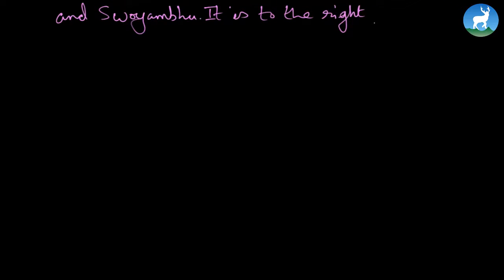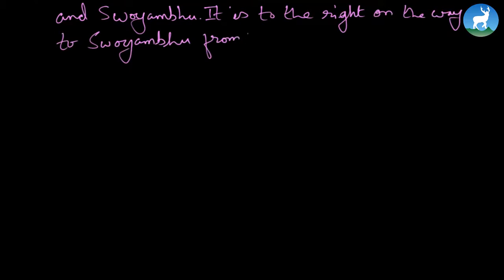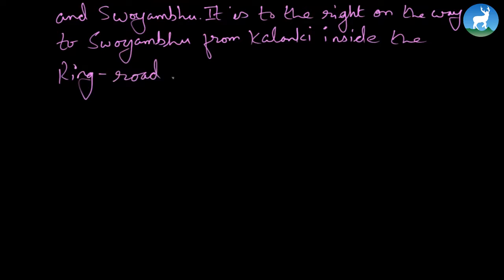In the book it's written on your way to Soyambhu, but here we can modify the answer and yet not change its meaning. So it is to the right on the way to Soyambhu from Kalanki inside the ring road. So see, this is how we can give a detailed answer to the questions.